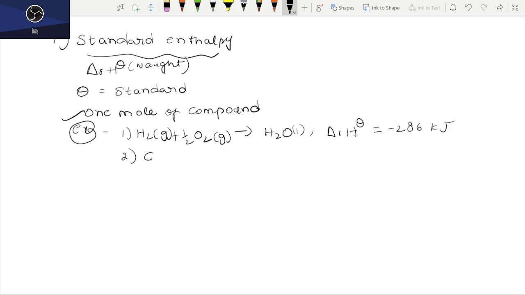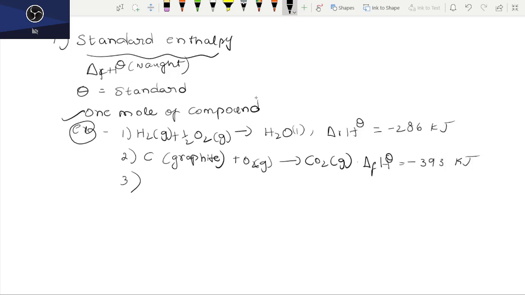So this graphite or carbon, when it reacts with oxygen in the gaseous state, gives you CO2 in the gaseous state, and delta fH naught is equal to minus 393 kilojoules of energy.